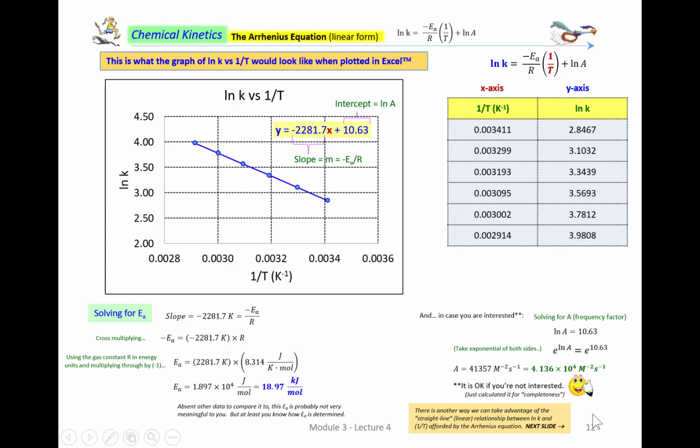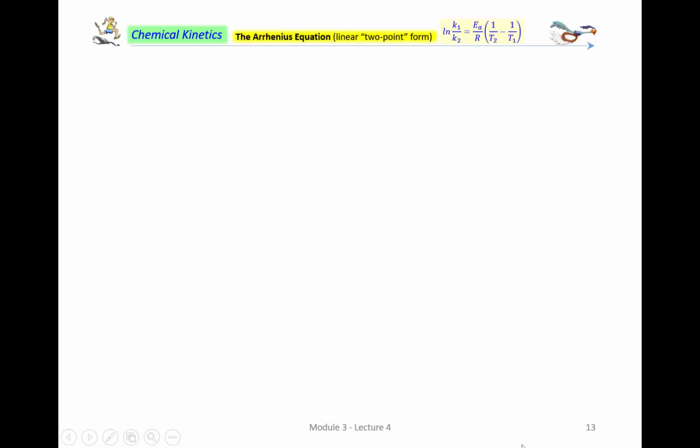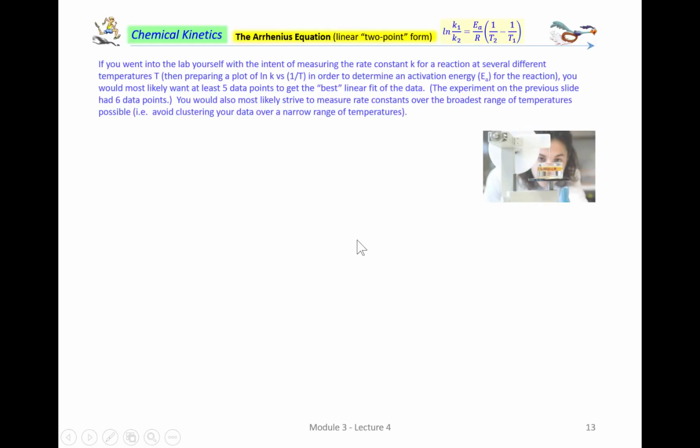Now, there is another way we can take advantage of the straight line linear relationship between ln of k and 1 over T afforded by this Arrhenius equation. So let's try to do that.